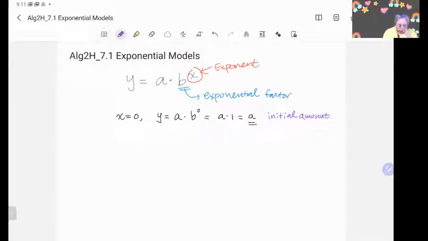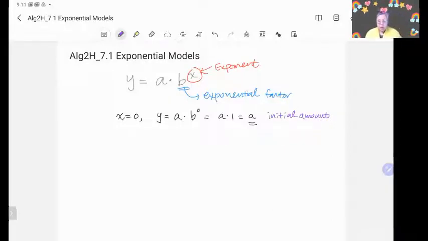Then what part of this basic exponential equation will be changed to model depreciation? From the structure, y equals the leading coefficient a, or initial amount in this case, times the base b, or exponential factor b, raised to the power of x.